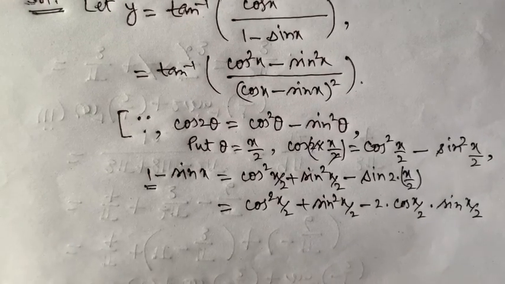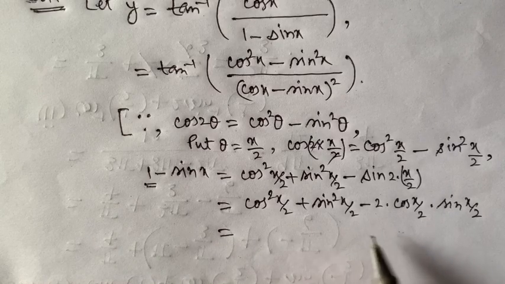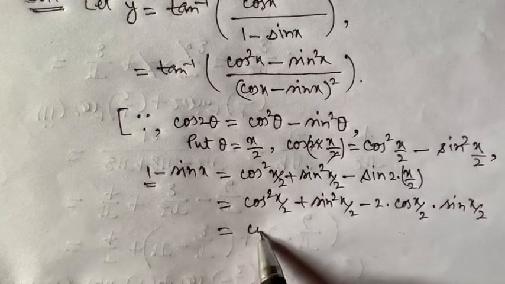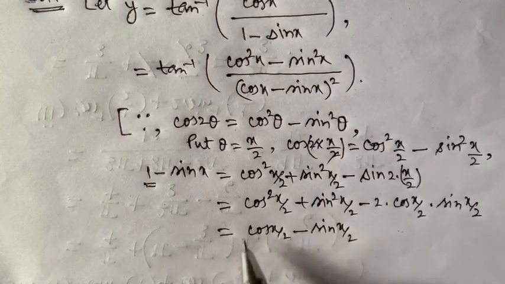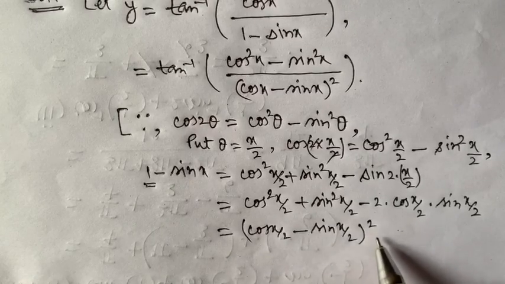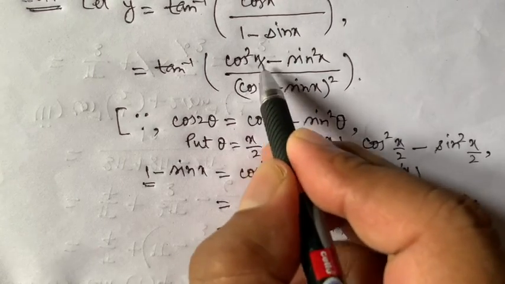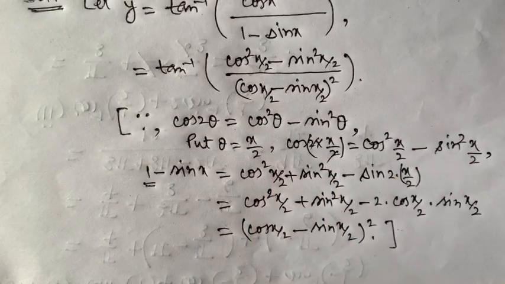So we have a square plus b square minus 2ab. What is the formula for that? It is a minus b whole square. That's why we have written 1 minus sin x as cos x by 2 minus sin x by 2 whole square. Here we need to write upon 2 in all the angles.